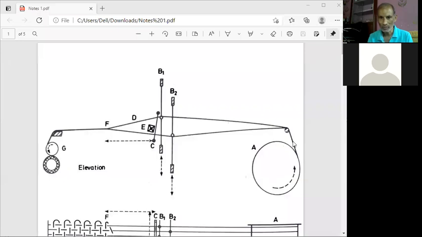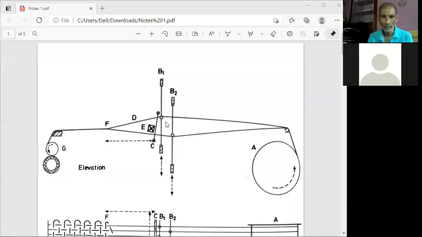So these thousands of threads, or the parallel sheet of warp threads, is released from this weaver's beam with the help of the let-off mechanism. And here is the backrest, which is guiding the parallel sheet of warp threads towards the heald frames. Here we are indicating two heald frames.